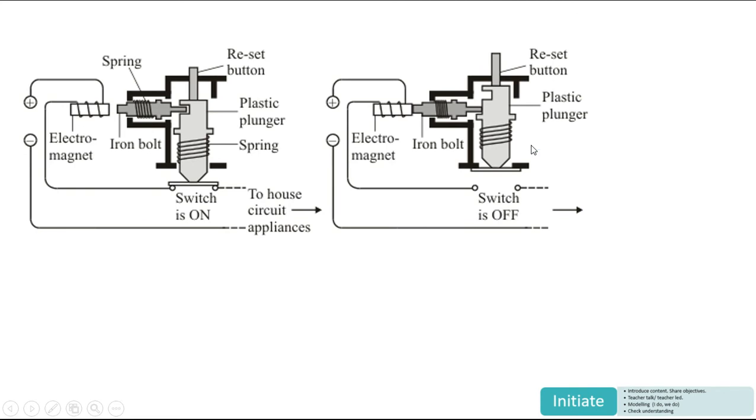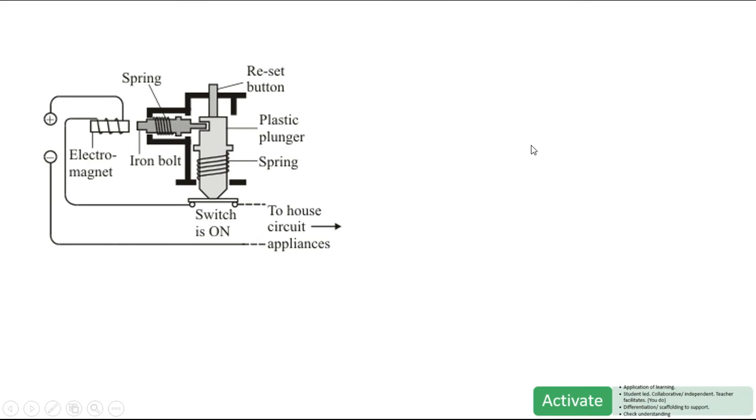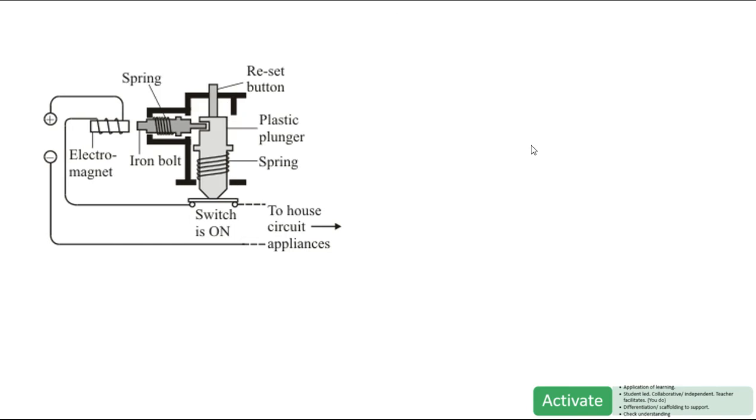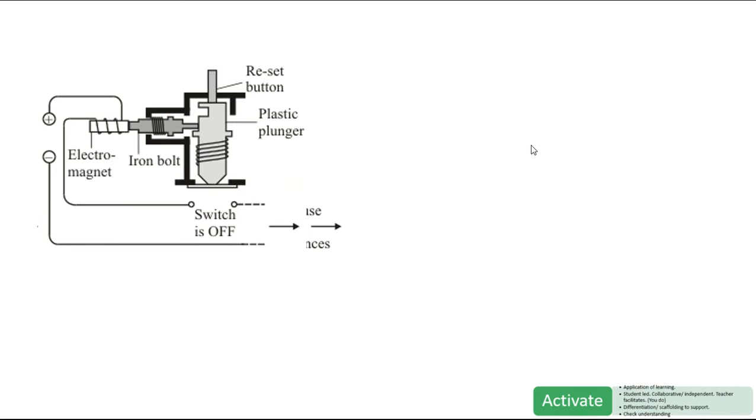What I've done here is I couldn't do this as an animation. I've just put the two together. So let's watch this. So you go. That's normal, and then when it trips out, too much current flows through and pulls the iron bolt, and the plunger goes up. Let's do that again. Operation tripped.